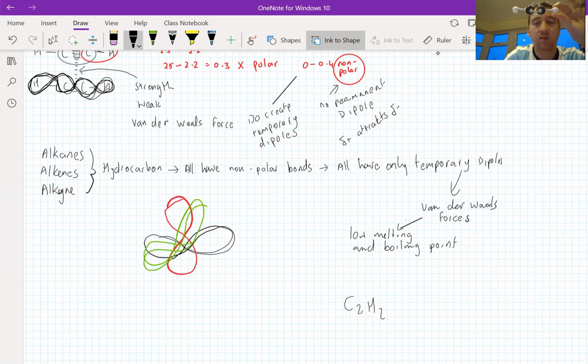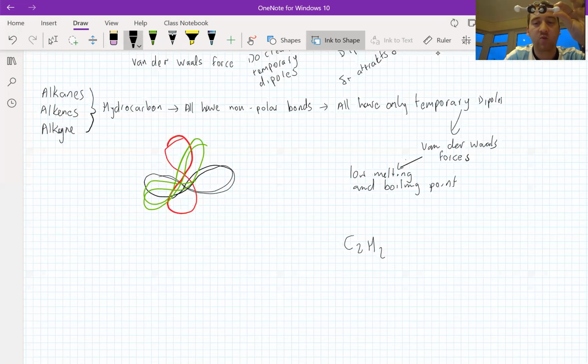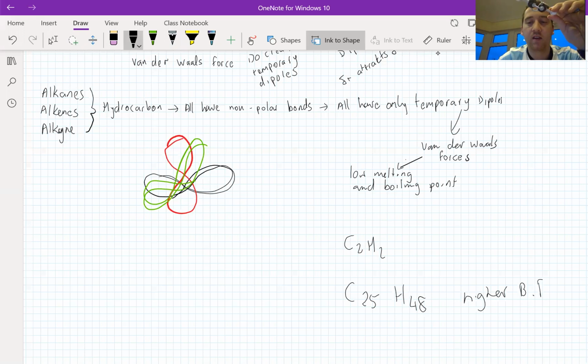this is C2H2. If I was to compare that to something like C25H48, which would be an alkene or an alkyne with 25 carbons, this is going to have a higher BP, and this is going to have a lower BP, BP standing for boiling point.